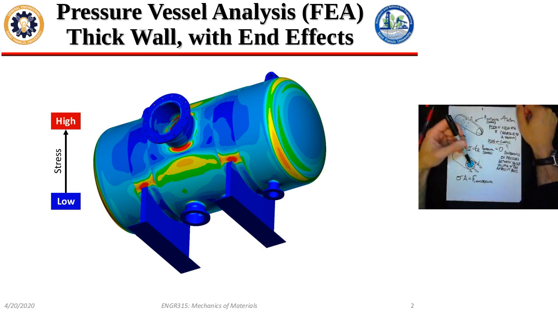By the same token, how do I get a force out of this internal pressure? How do I find out how much force this pressure is creating? How do I get force from the pressure?